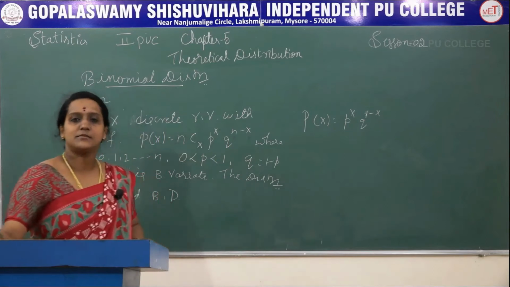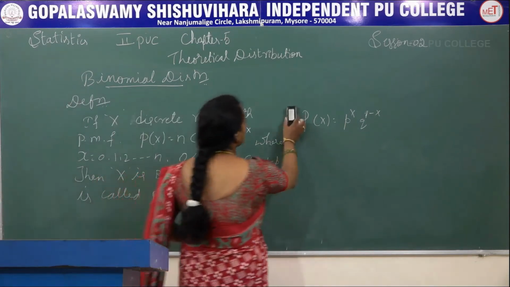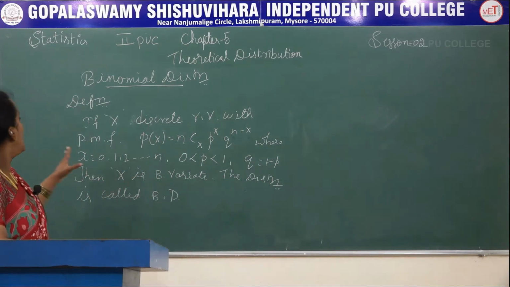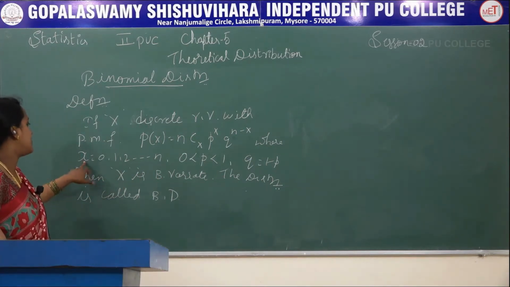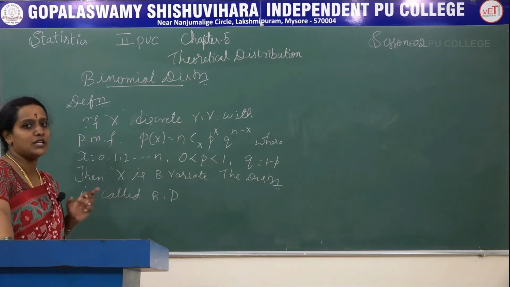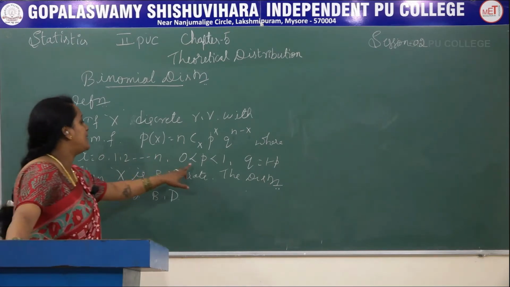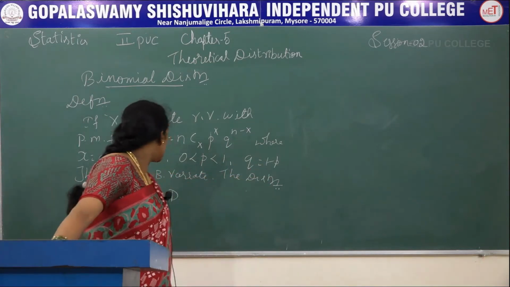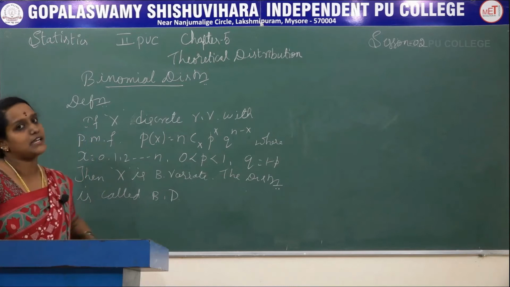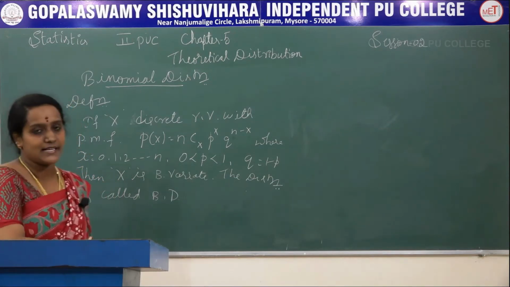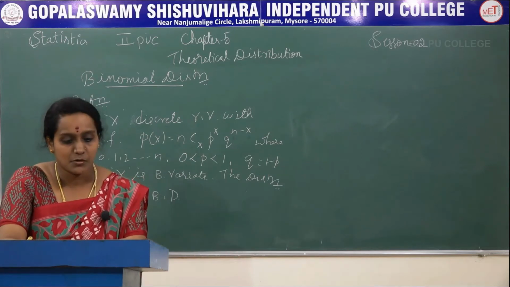This binomial distribution is nothing but extension of Bernoulli distribution also. And as usual, x will take the values 0 to n, but in Bernoulli distribution x can take the values only 0 and 1, and p always ranges between 0 to 1, q is always 1 minus p, and if x is a binomial variate, then definitely the distribution is called a binomial distribution.